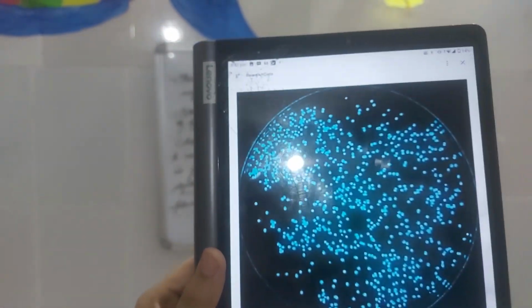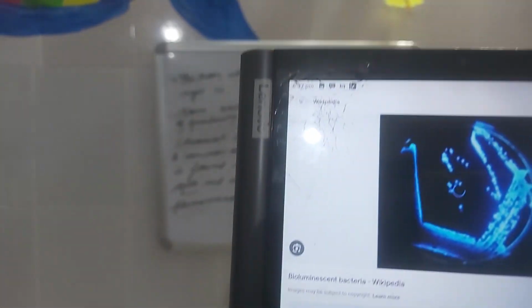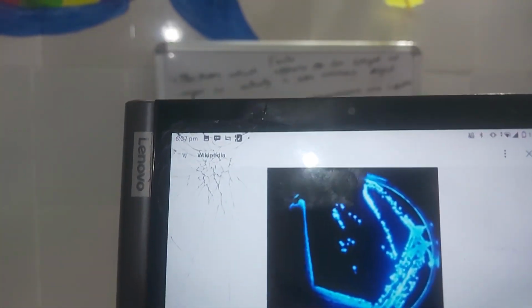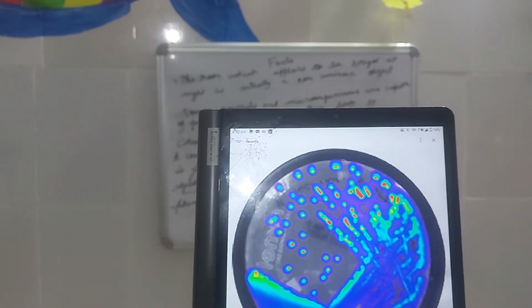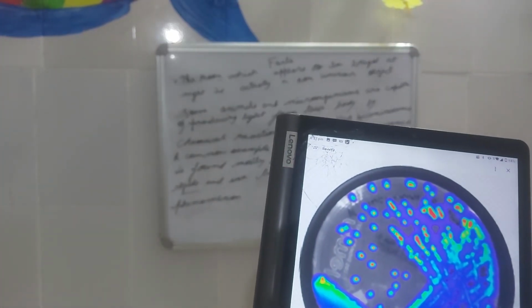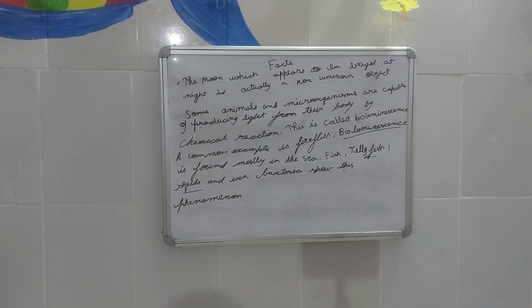These are seen from what? From a microscope.